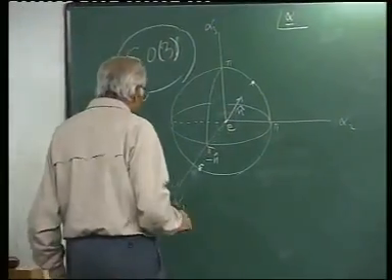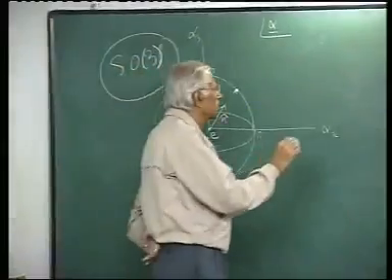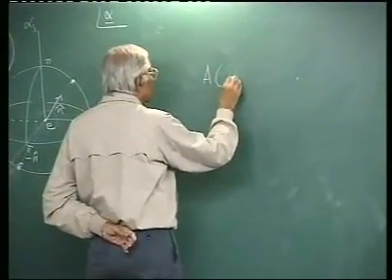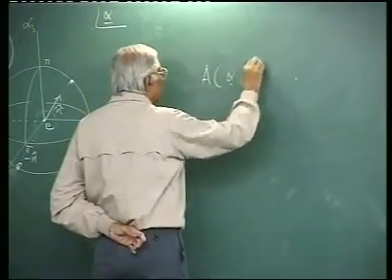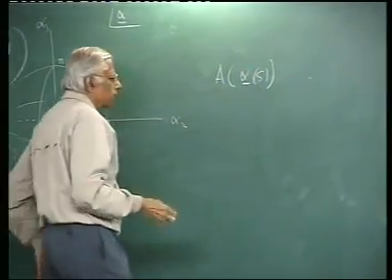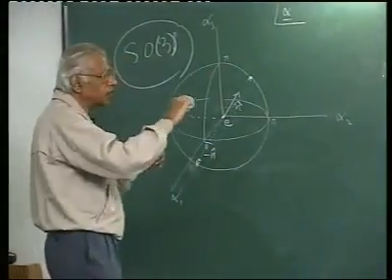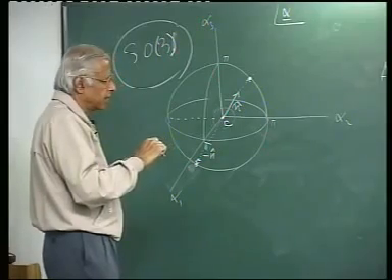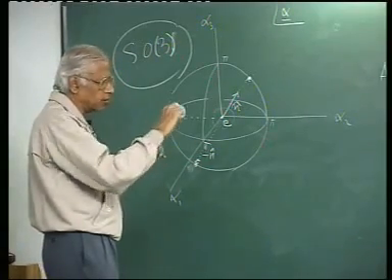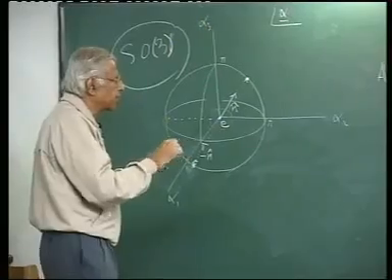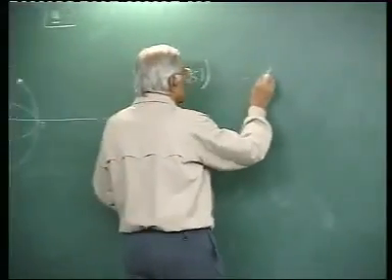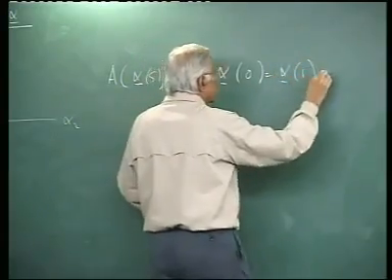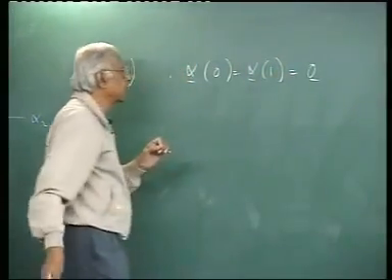So I want to ask the following question. I imagine constructing a loop in the space of the group SO3, a continuous loop with a parameter S, such that it starts and it ends at the unit element.